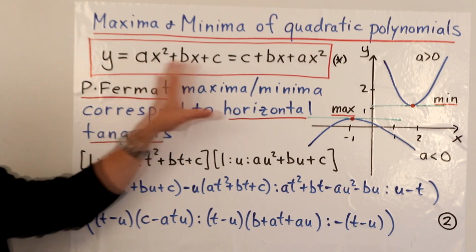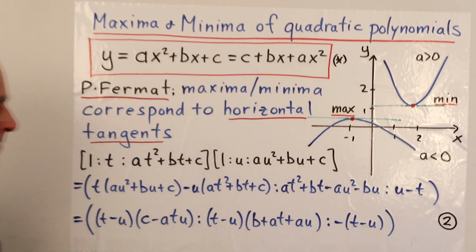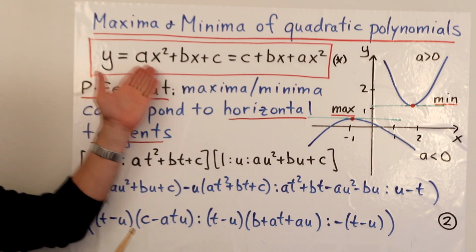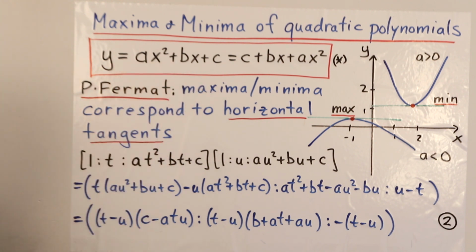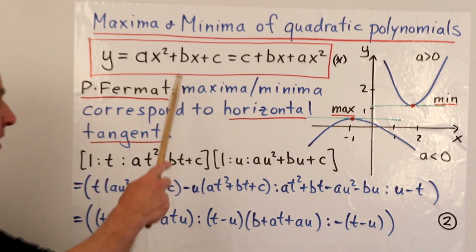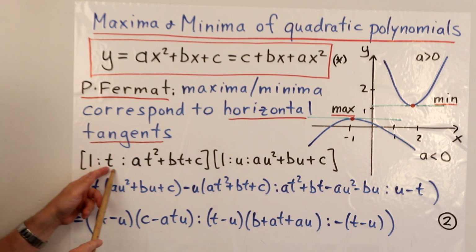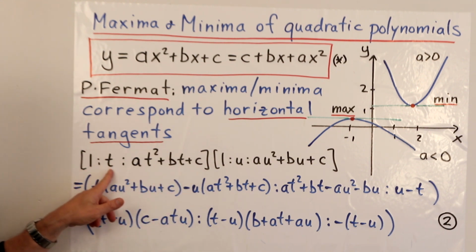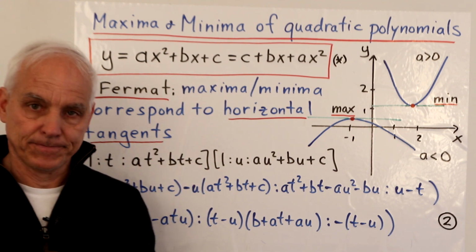Okay, so in this case here we can study things because this is a parameterizable curve. If we think of x as being a parameter, then y can be expressed directly in terms of x. So if we set x equal to t, then a general point on this has the form (1, t, at squared plus bt plus c). This is the x coordinate, this is the y coordinate, this is projective coordinates.